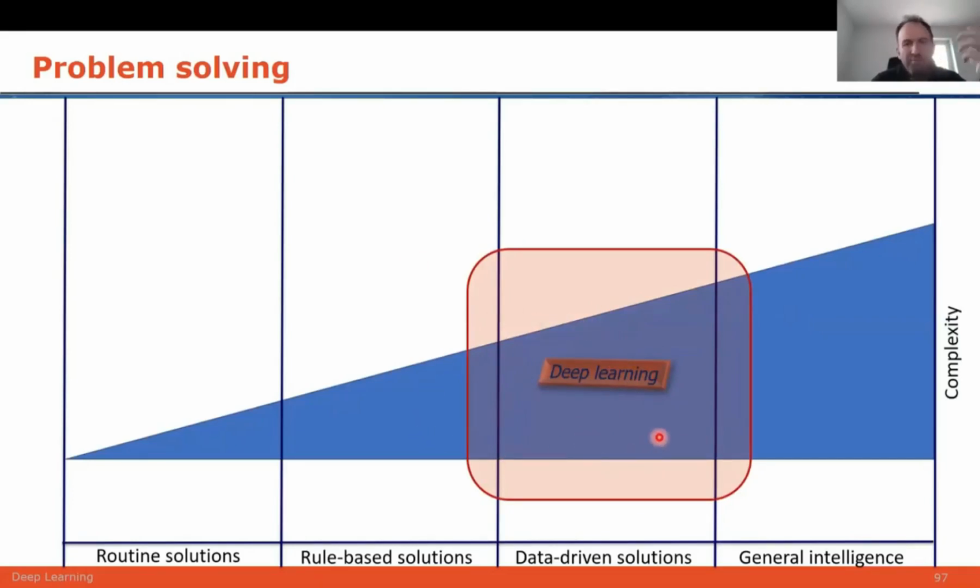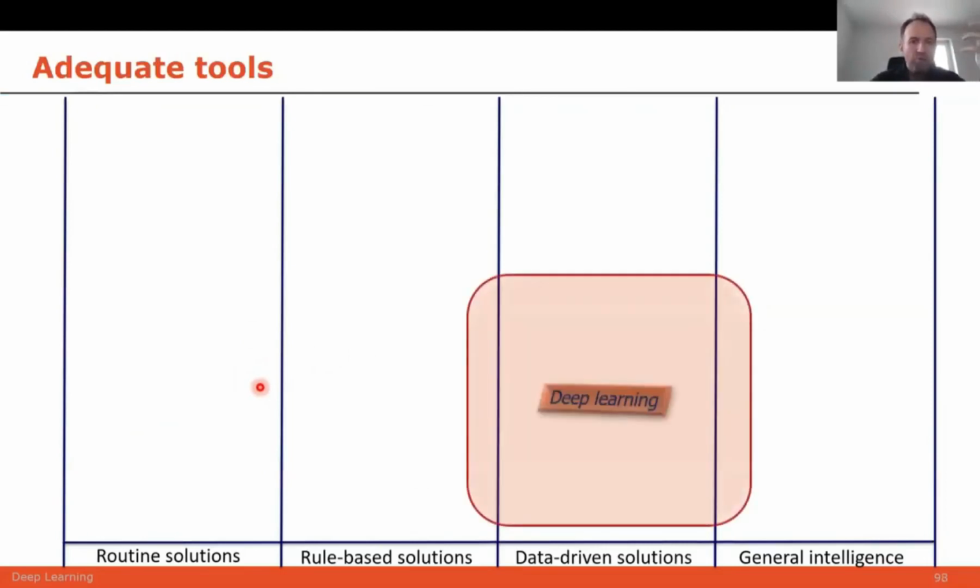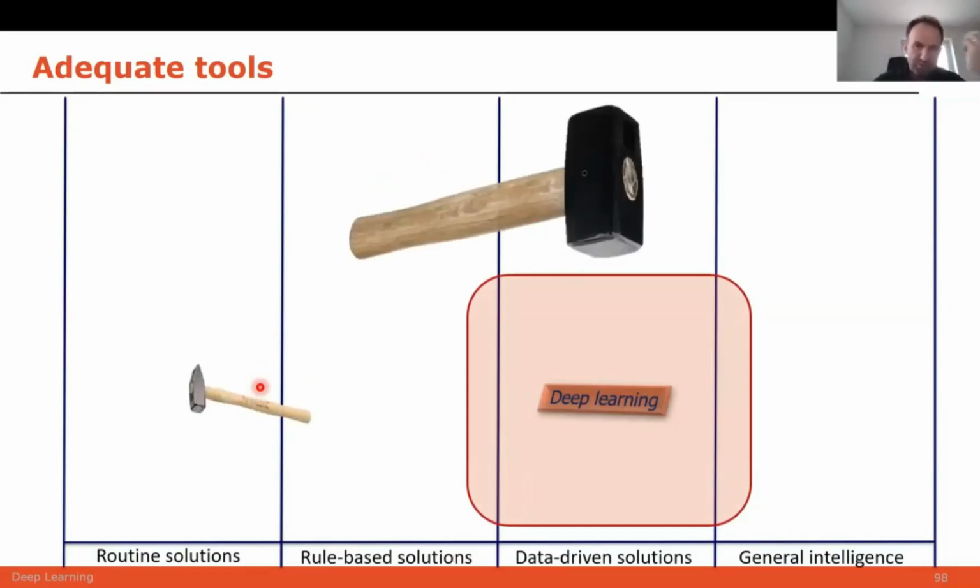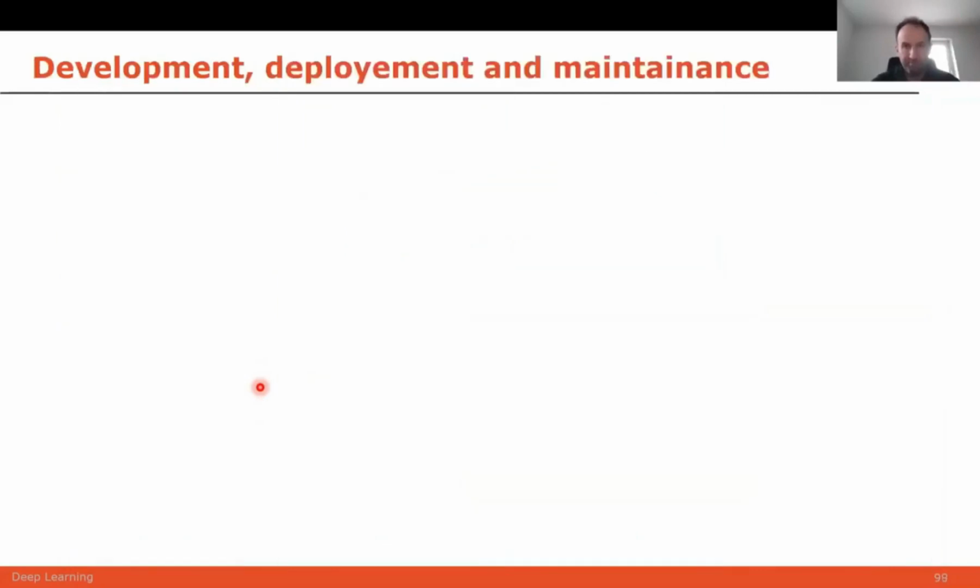It can also be used to derive some solutions that require general intelligence. But in practice, here we need more powerful, more intelligent techniques, and here we don't need actually deep learning as such. So my take-home message would be, if you have problems that you can solve with simpler methods, use simpler methods. But deep learning is a really strong solution for such data-driven problems.